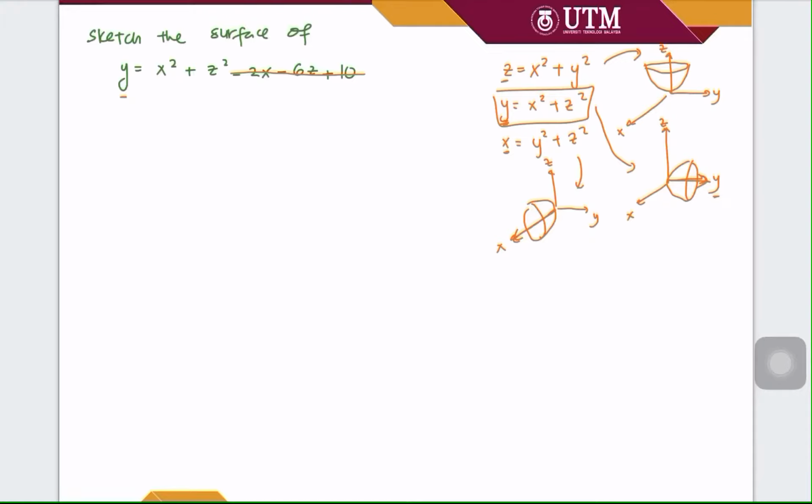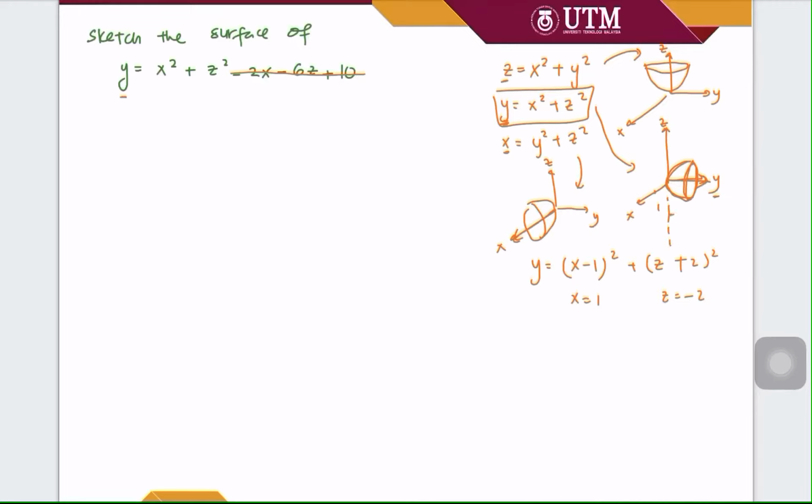If we have more than that, let's say y equal to x minus 1 squared plus z plus 2 squared, it means the original bowl is shifted to x equal to 1 and z equal to minus 2.